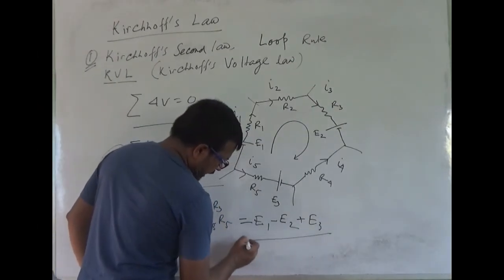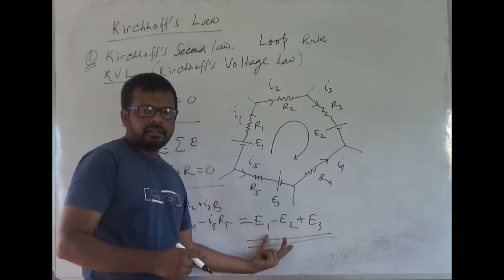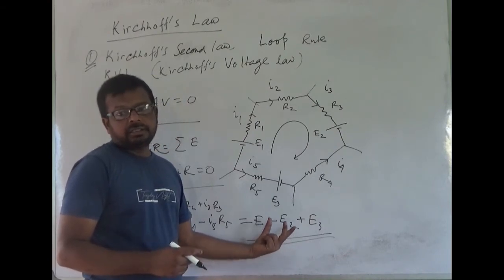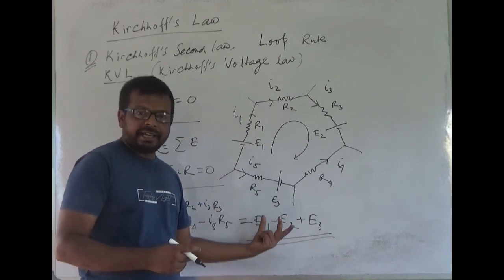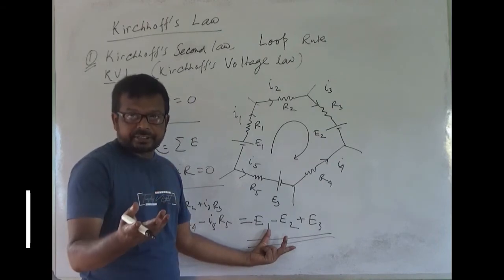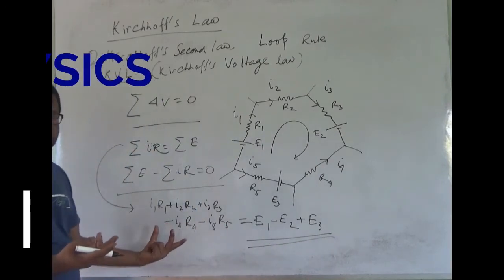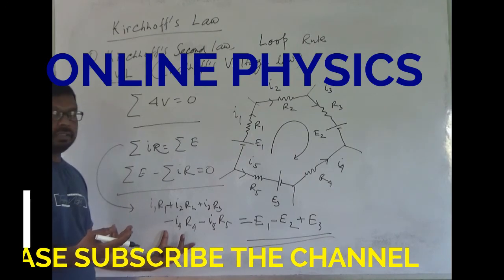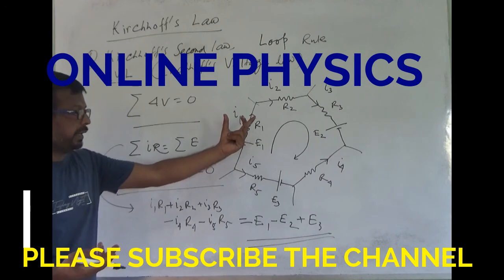This is the voltage supply. That means this is the energy, E1 minus E2 plus E3. This is the energy supplied by the source, the total energy supplied by the source, and this is the energy dissipated in the different resistances.